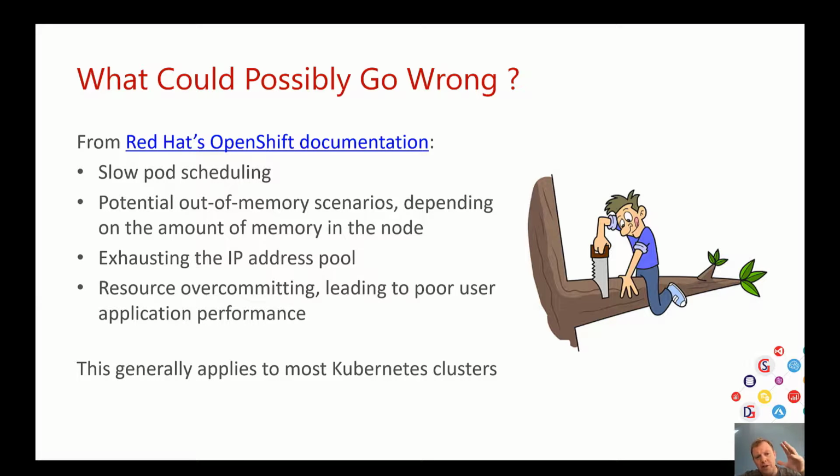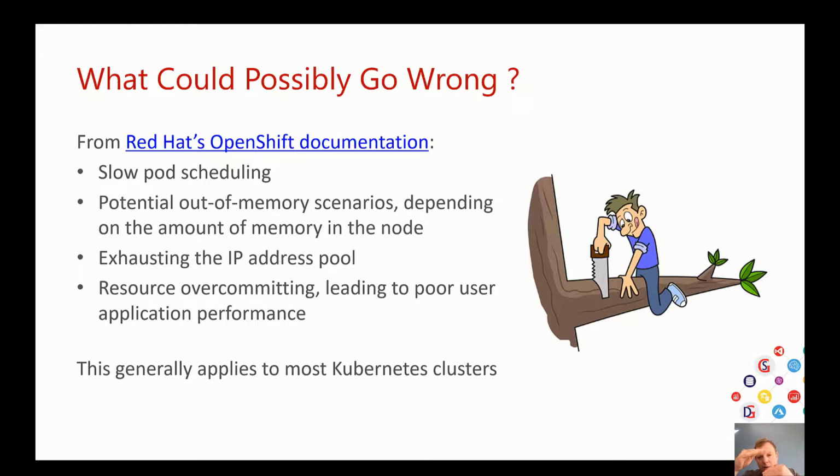Okay. The other thing to consider is one of the things that the kubelet needs to do is it needs to loop around all the pods running on the node, and the more pods there are, the longer this can take, and this can lead to workers or compute nodes being in a state of not ready. Okay, and that leads to pod scheduling issues. So there's a balance here.